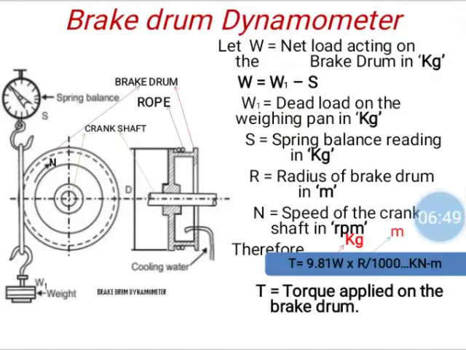Here W is substituted in kg, that is the net load acting on the brake drum. R is the radius of the brake drum, that is the effective radius of the brake drum in meters. In this formula, upon substituting W in kg, 9.81 makes it Newton.